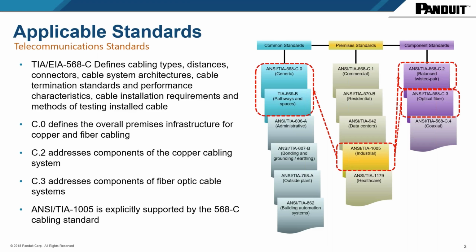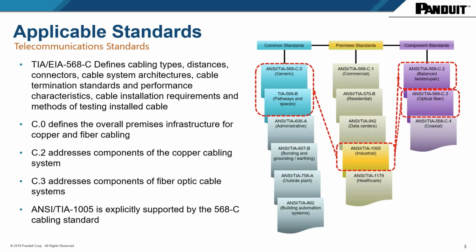So TIA 568 is a common standard that was initially created to discuss how communication networks are deployed in general. That standard evolved over time and several additions were added to it.